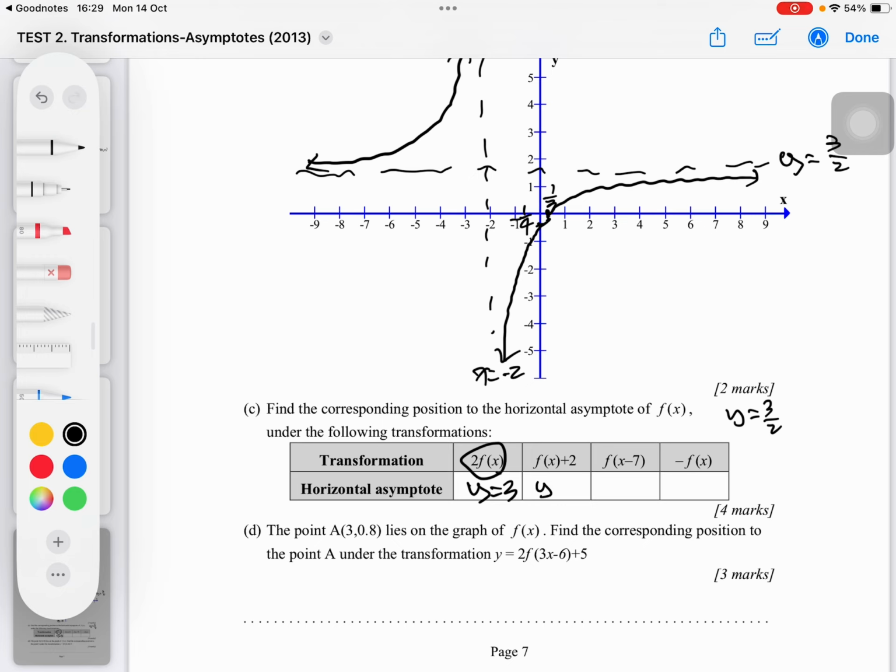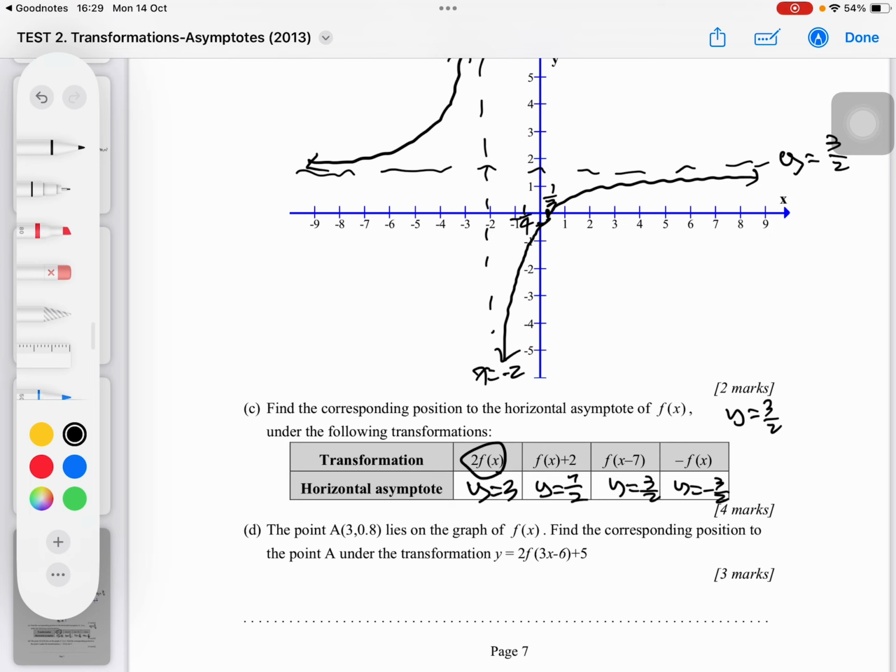So this becomes y equals 7 over 2, which is 2 plus 3 over 2. And the third one is horizontal translation, so we don't need to change it, y equals 3 over 2. And this one is vertical reflection over the x-axis. So y equals negative 3 over 2.